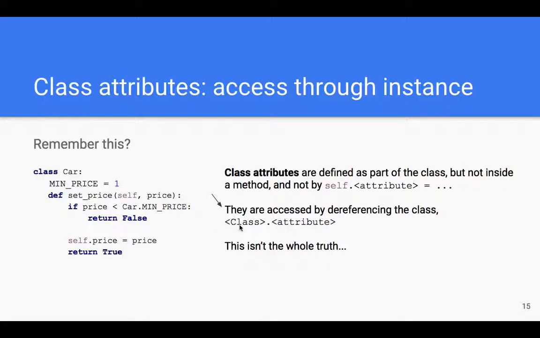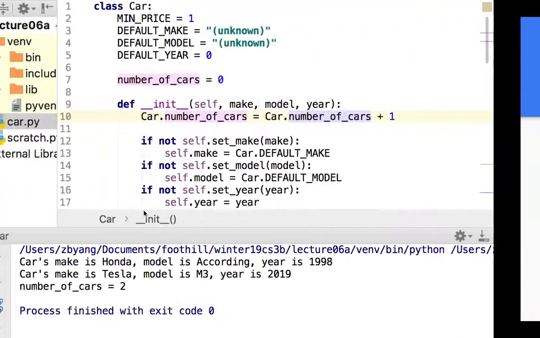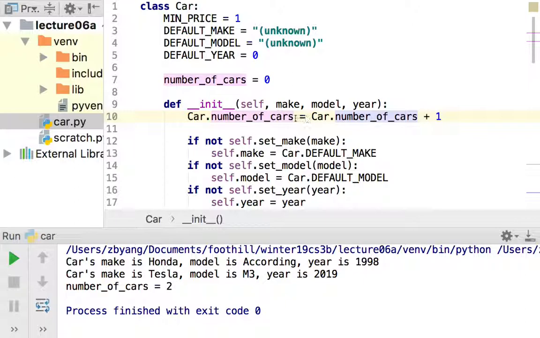So we put the class name here, car dot, right? As it turns out, this is not the whole truth. It is true, but it's not the whole truth. Another way to access the class attribute is actually through the instance itself.